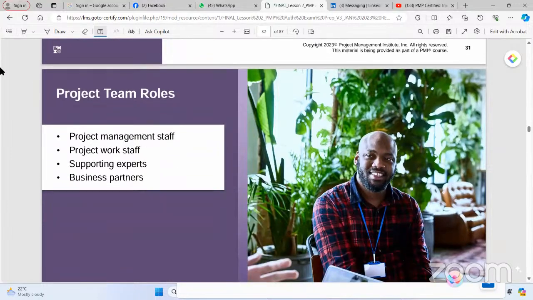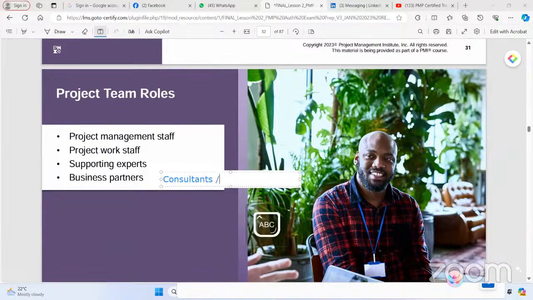Okay, gradually we are moving forward with the project team roles. Remember, projects happen in a system, and we are part of the big organization where we do the projects. So you may have functional managers, you may have consultants, and a diverse group of people in your project team.